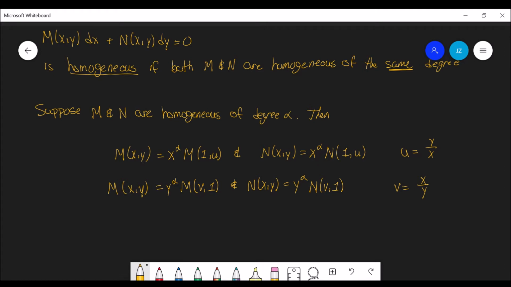So these two imply that we can rewrite the homogeneous equation using substitution.